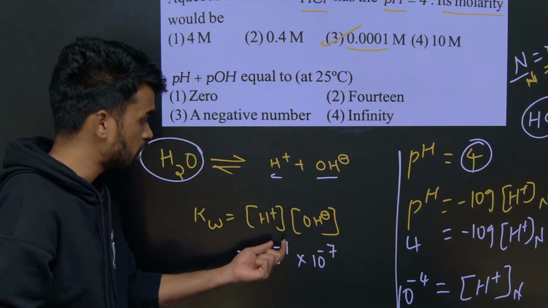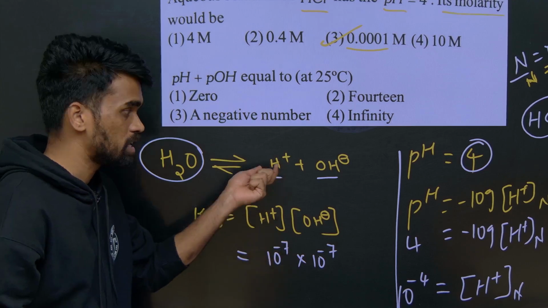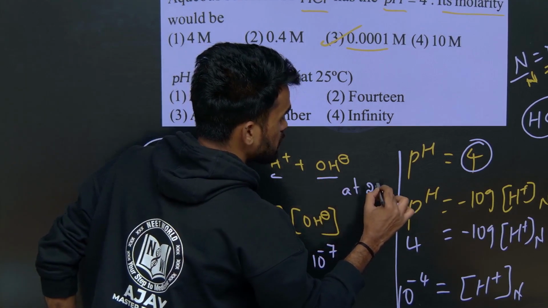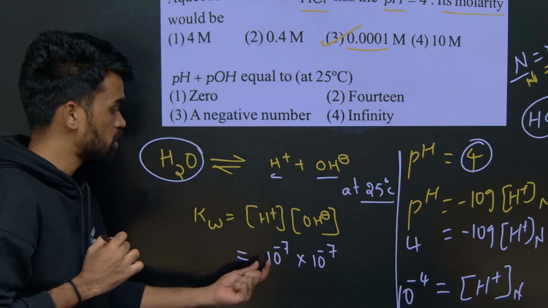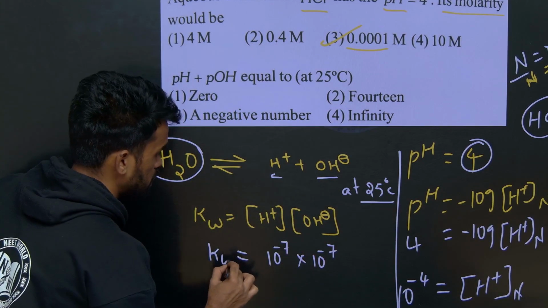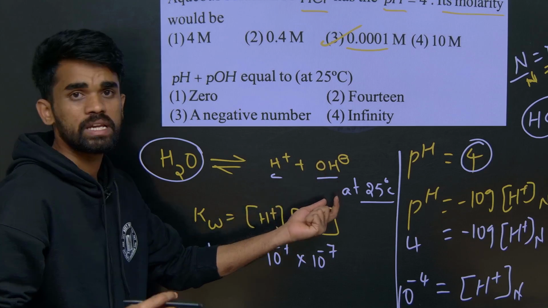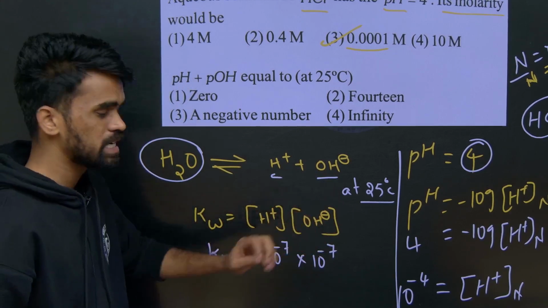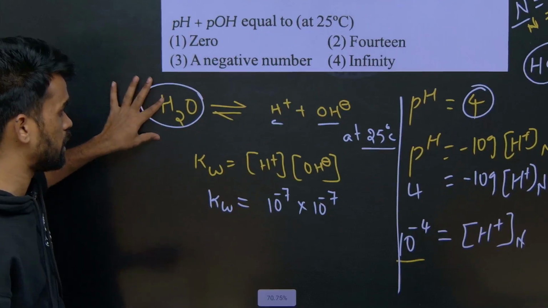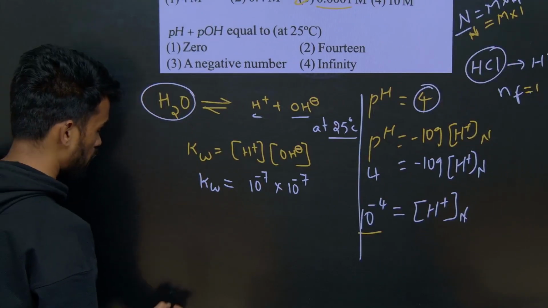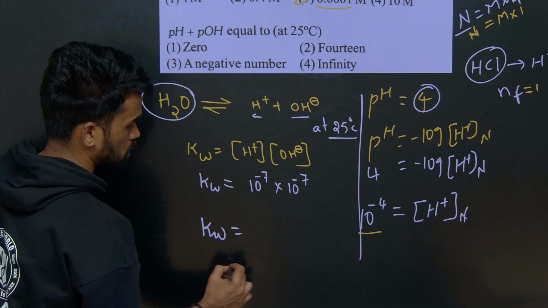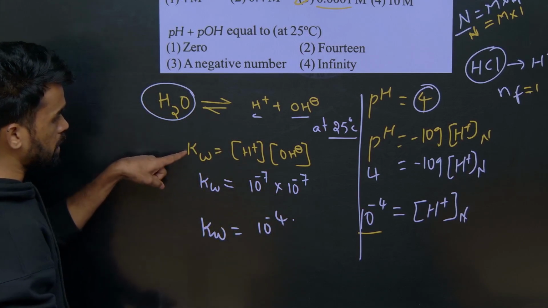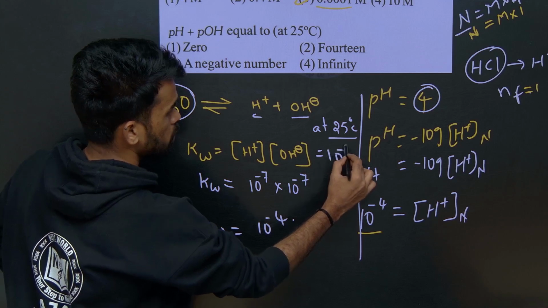This is the concentration of H plus and OH minus ions at 25 degrees Celsius. The overall molecule is neutral because the same number of H plus and OH minus are present, right? So what is the Kw value? Here we get Kw equals 10 power minus 14.